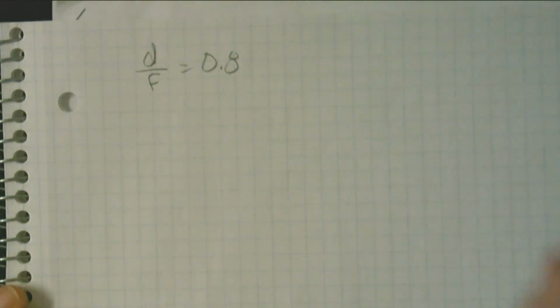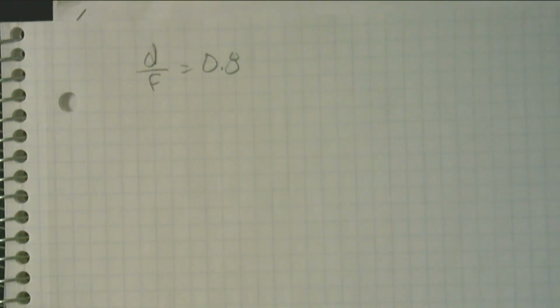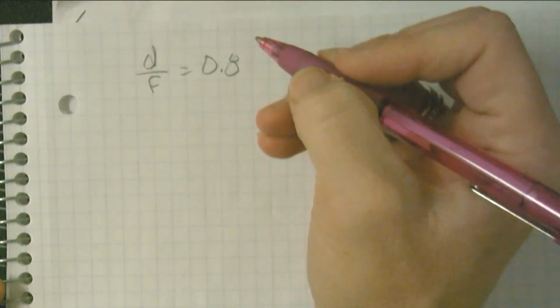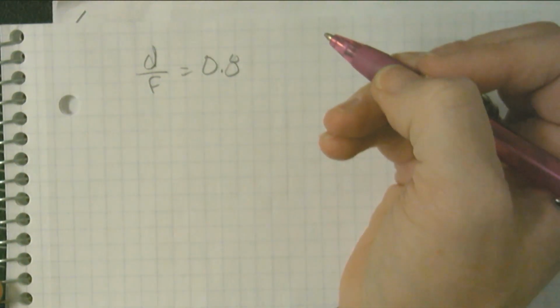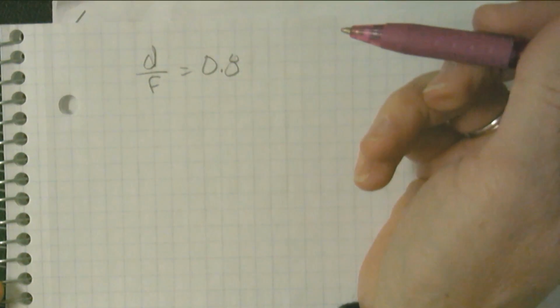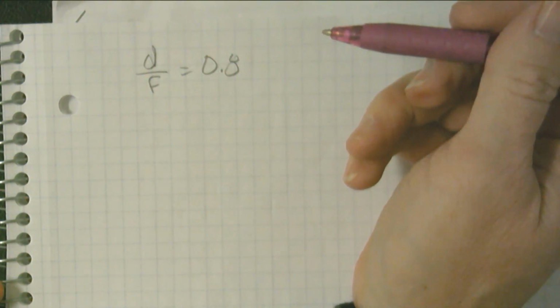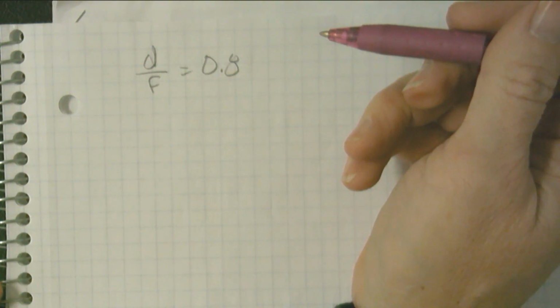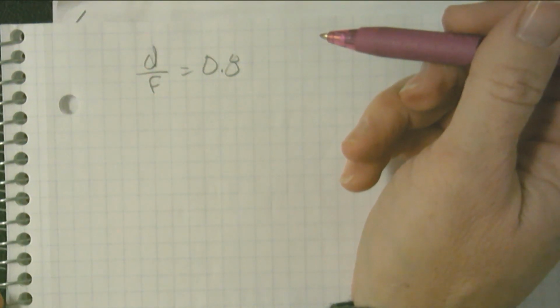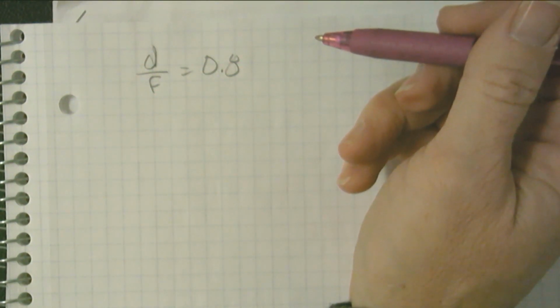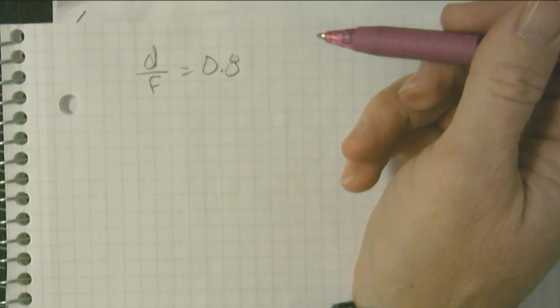Peter? Not d. I'm going to leave d there. I don't want to multiply everything by d. I need F in my numerator. Serena? No, I don't know where 25 comes from.